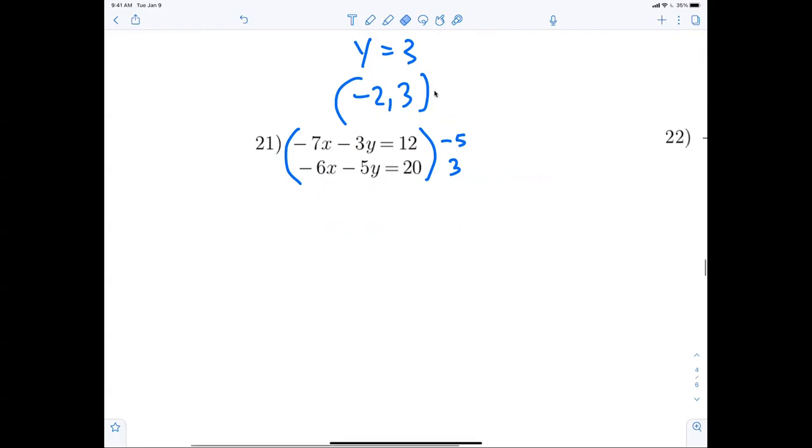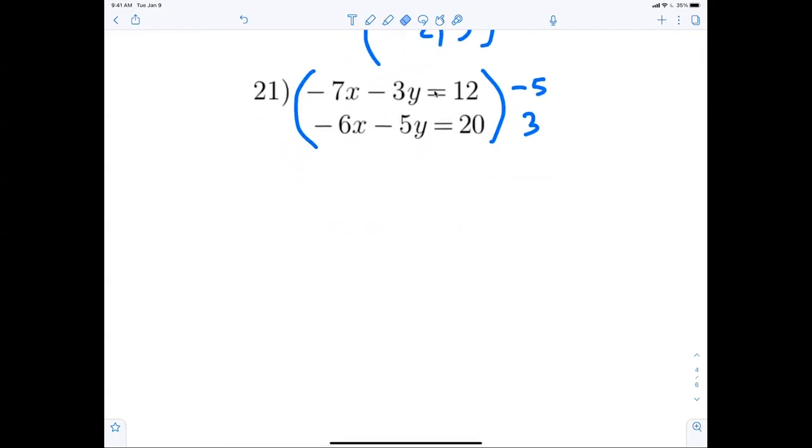If I multiply the top by -5, I should get 35x equals... Multiply the bottom by 3.